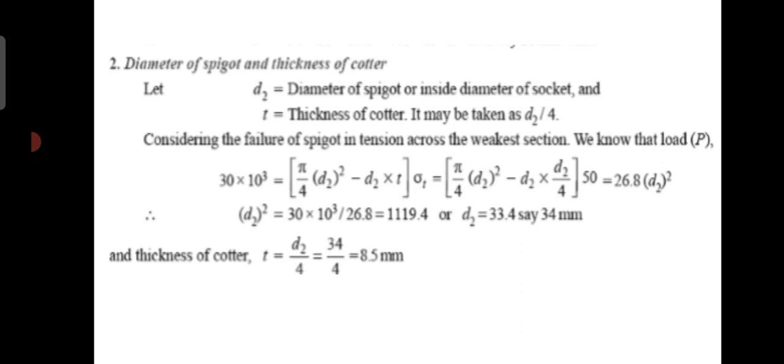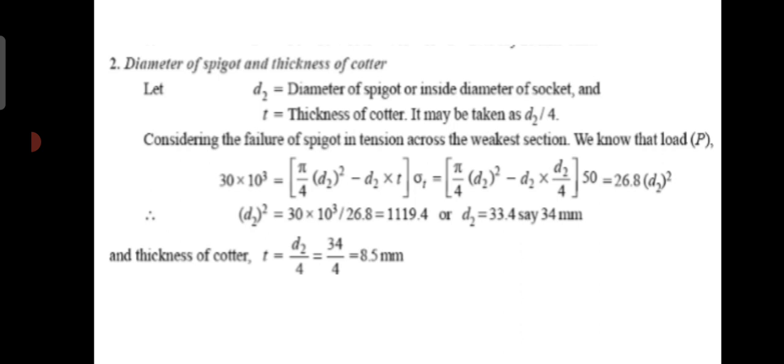Load P is given, 30 into 10 to the power 3. t we also know, d2 by 4. Then sigma t is given in our problem. So if we substitute all values in this formula, we can find d2 equal to 33.4. So finally we may say 34 millimeter.